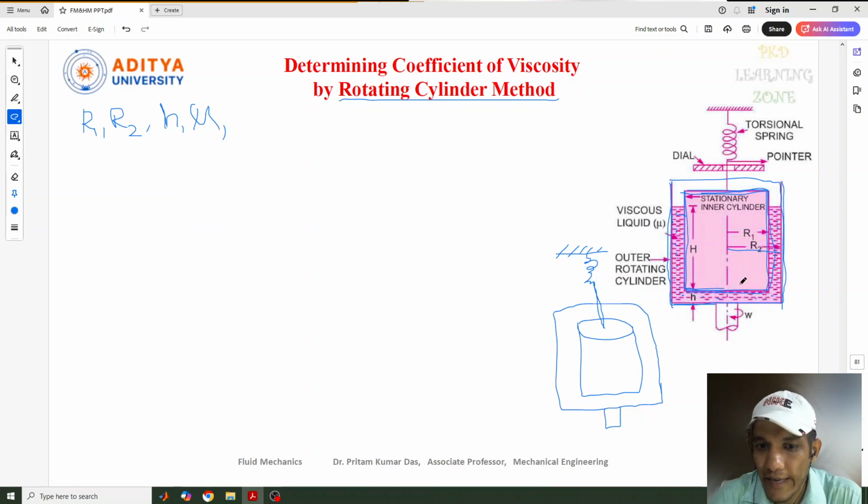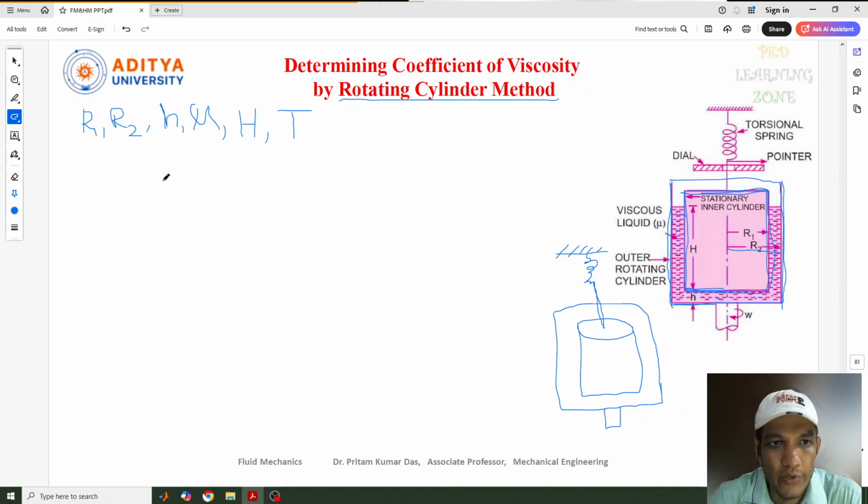And next, this is the height of the liquid in this cylinder, that is capital H, we can mark it. And any other thing? Yes, the torsional spring: the torque needs to be measured here, so we can consider T, the torque which is acting on the cylinder.